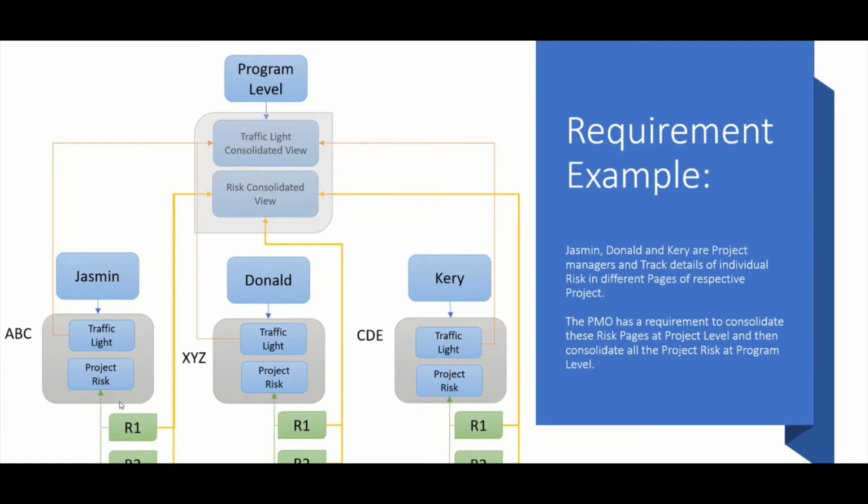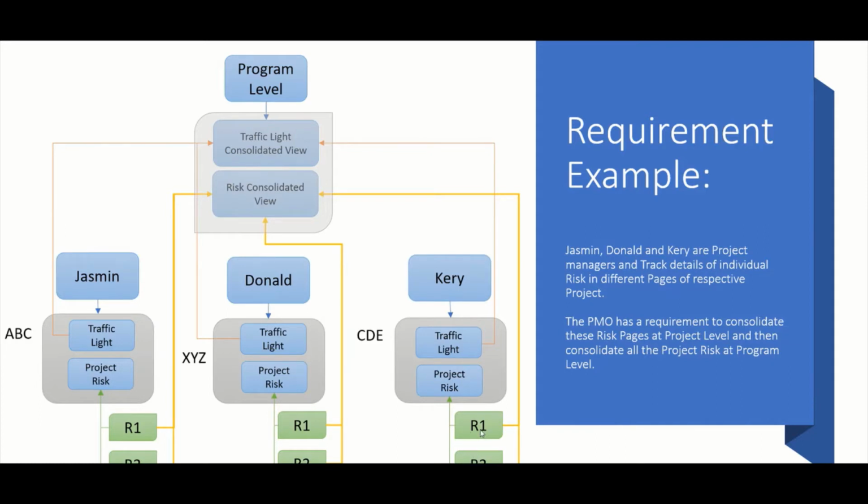Jasmine uses our standard template tracker and creates individual risk pages, so there are two risks created by Jasmine. Similarly, Donald creates R1 and R2, two different risks for his project, and Kerry tracks her risks in the same form.